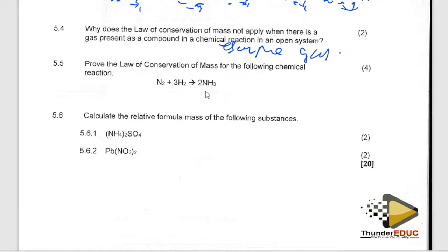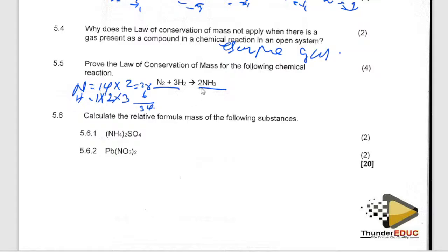And then they're saying prove the law of conservation of mass for the following chemical reaction. So let's see that the mass on this side and the mass on this side are the same. Nitrogen is 14, and hydrogen is 1 times 2 times 3, and nitrogen here has 2 of them, so it's 28 plus 6, which gives me 34.